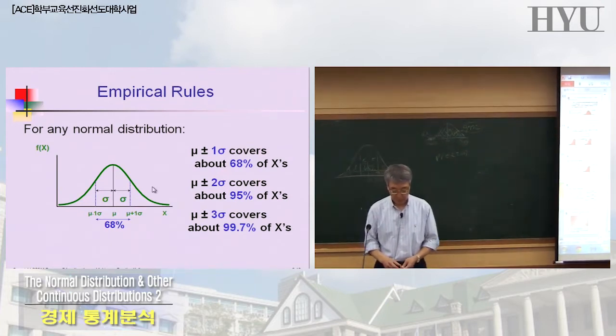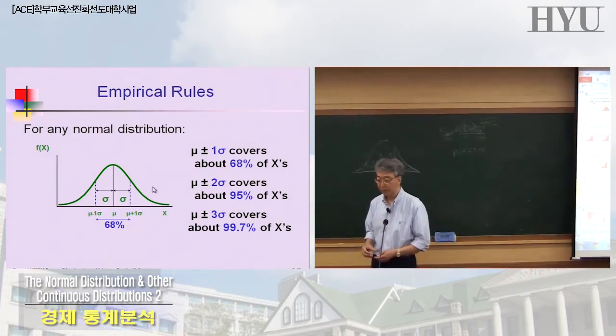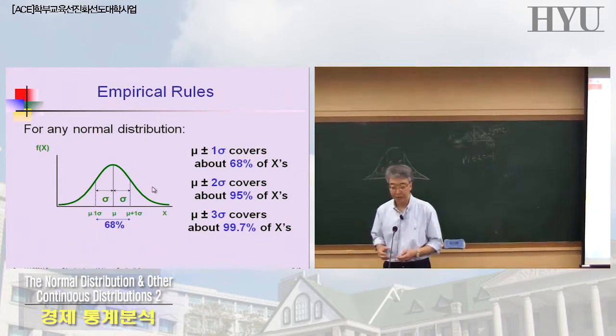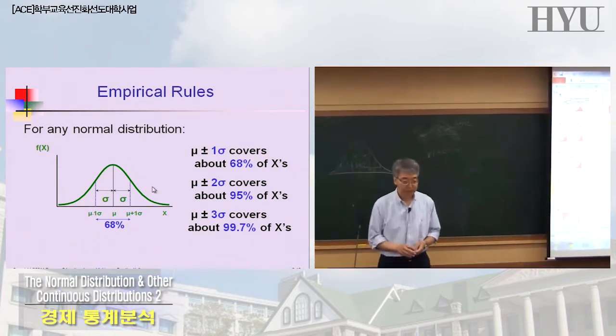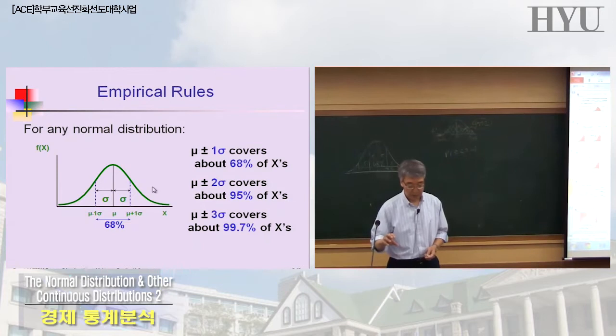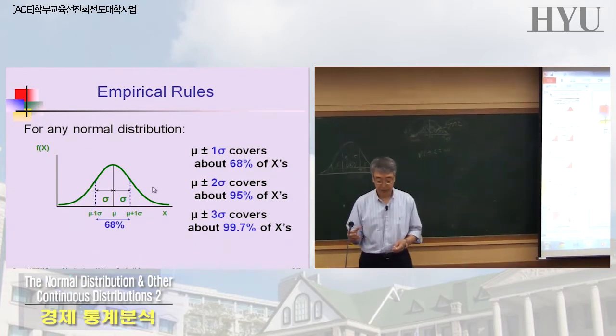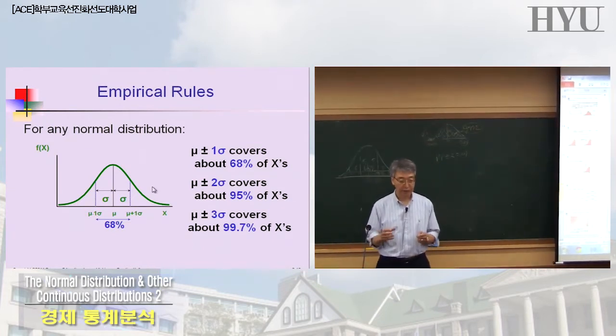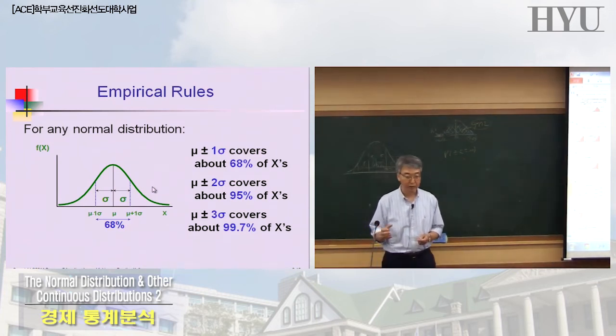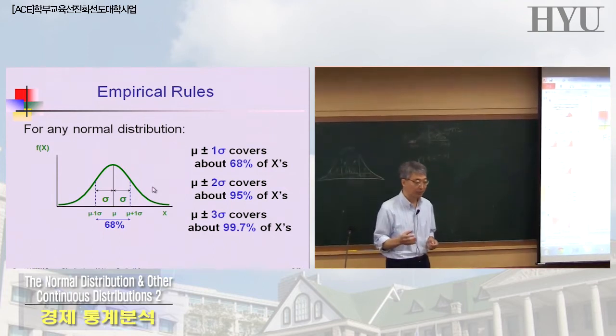So if you want to find out whether any distribution or any random variable is normally distributed, then you can use this criteria. Okay? When we find the 1 sigma area from the mean to the right and left, do we find about 68%, or maybe 70%? In reality, it's extremely unlikely that you will find exactly 68%, right?